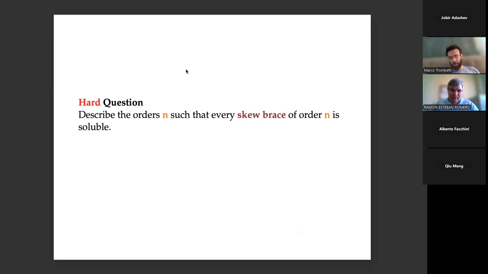This is an example of how hard this question is. Indeed. Are there some orders in which you think that the brace should really behave, but does not? It's difficult. Yes, I'm completely convinced of this.